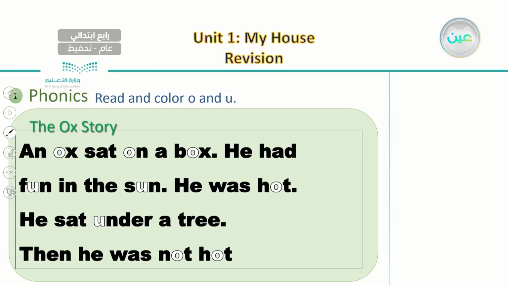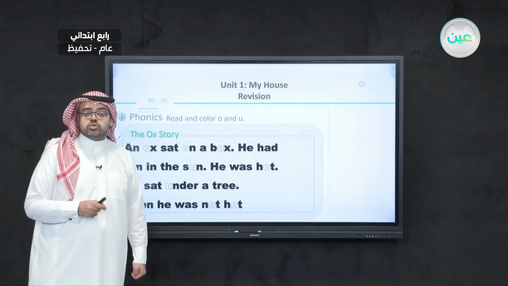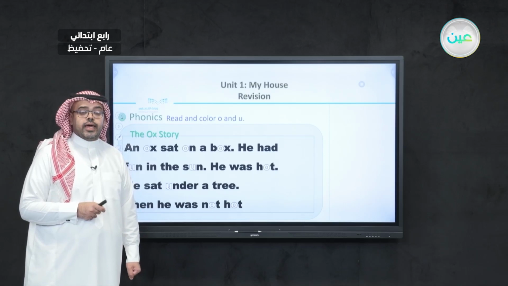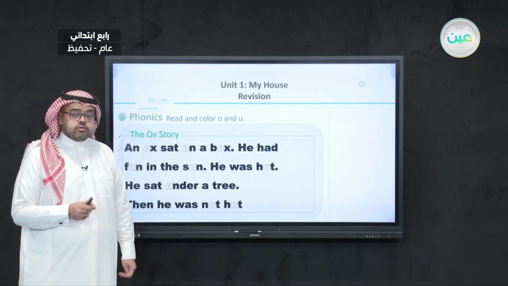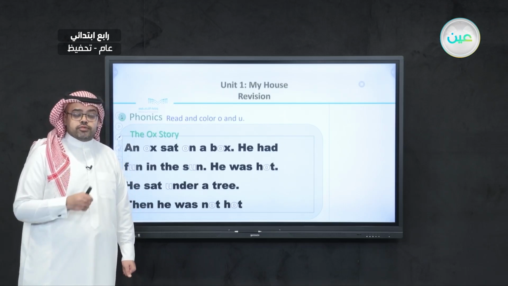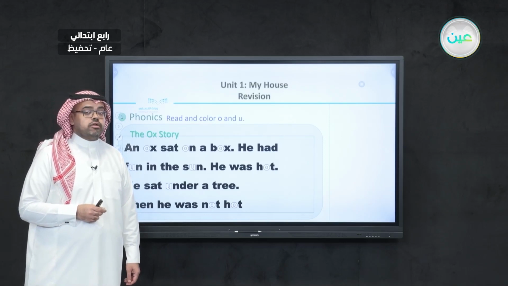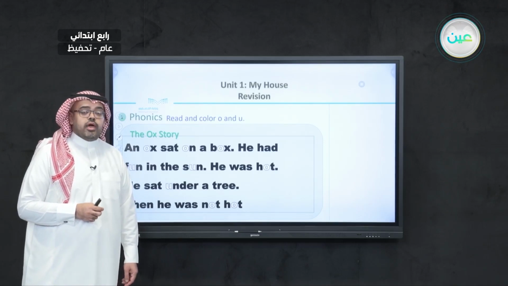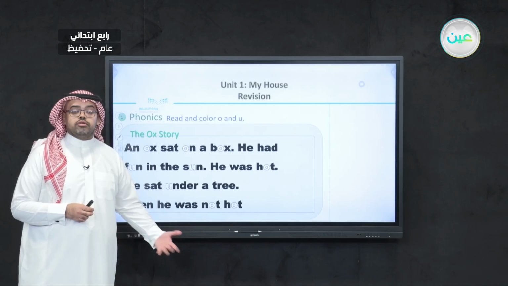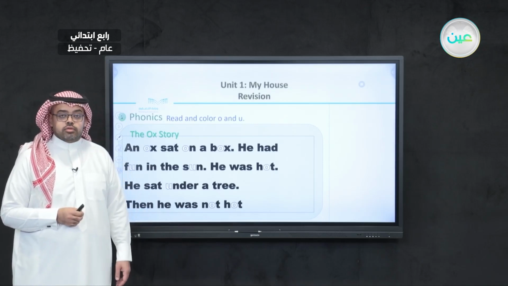We're going to read this story one more time, and after we read, we're going to follow with the teacher, and then we're going to color letter O and letter U. So let's begin a quick revision on this story.